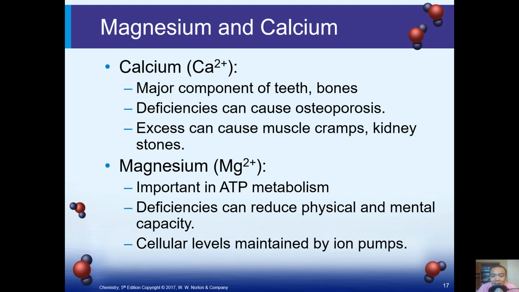Magnesium is a major component in chlorophyll, one of the primary molecules in plants responsible for photosynthetic activity. Magnesium ions also play an important role in ATP hydrolysis and ADP phosphorylation.